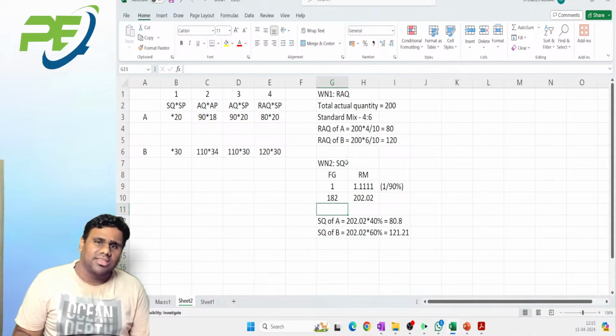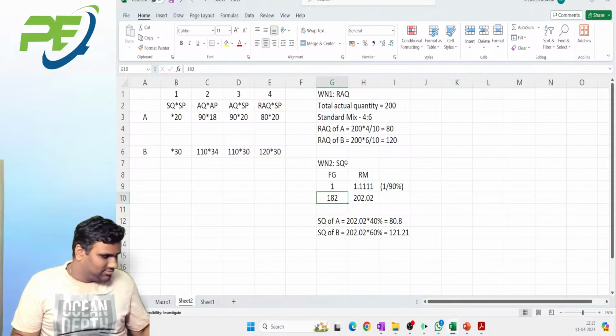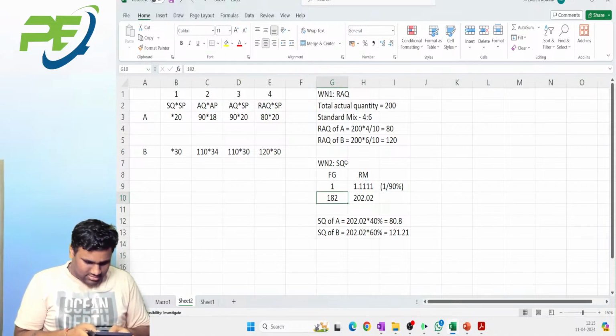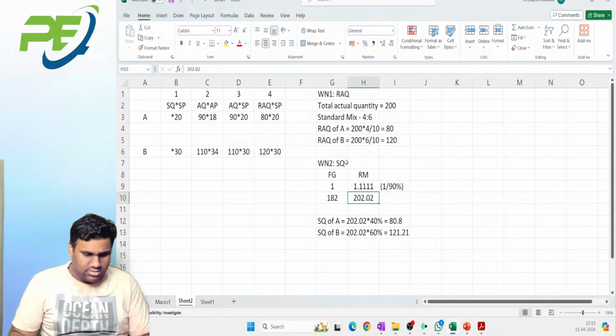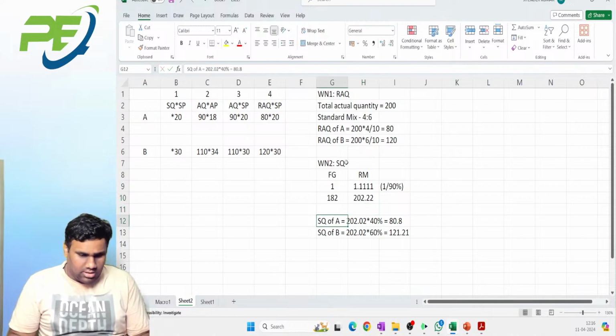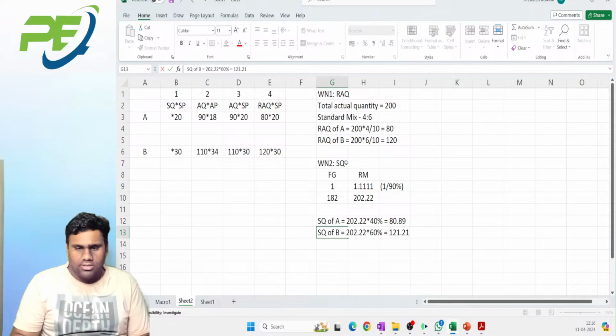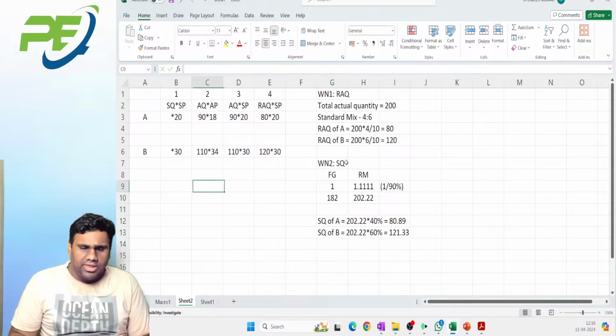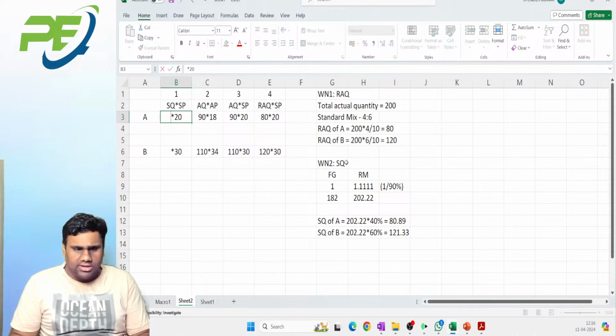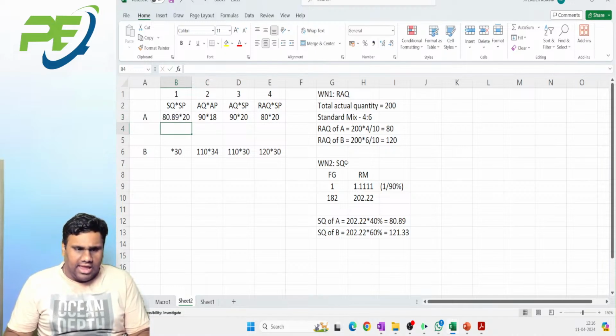Now we will put SQ of A as 80.80, and here B is 121.21.